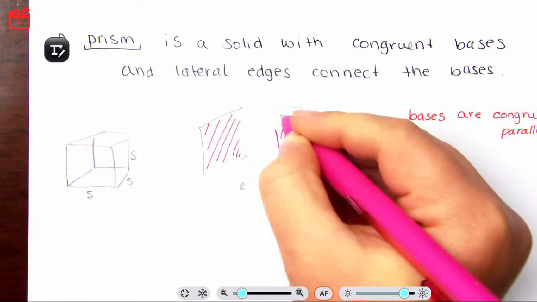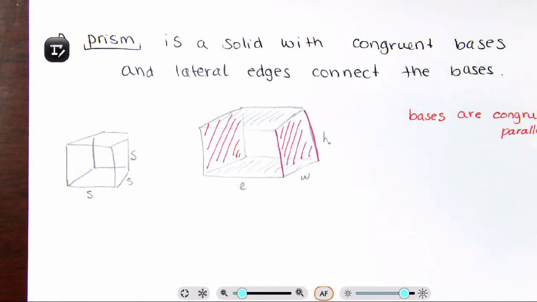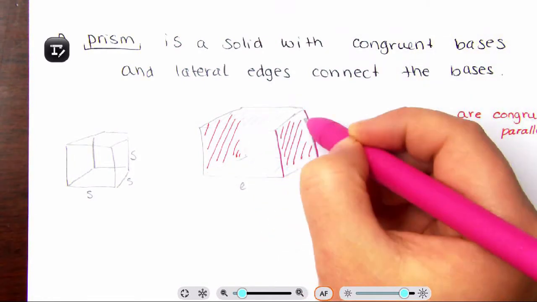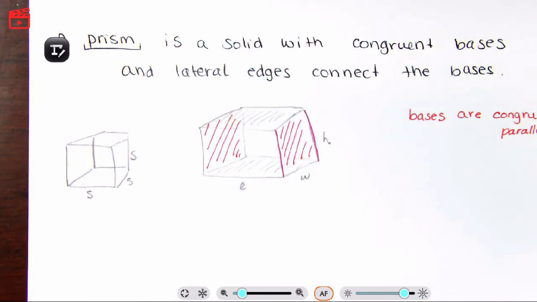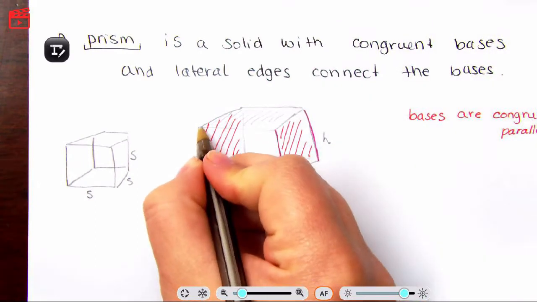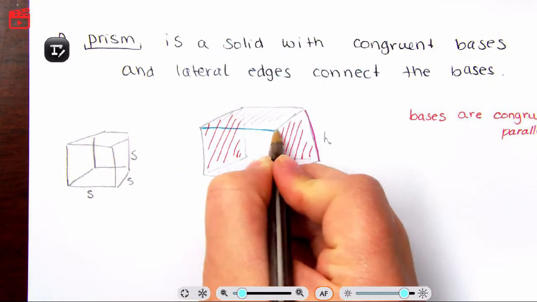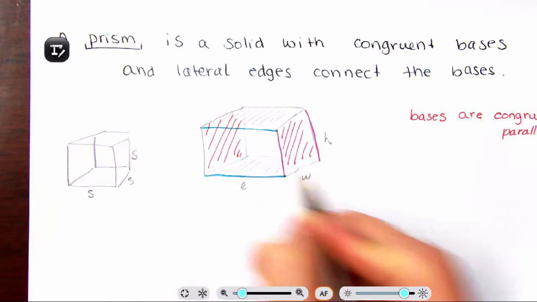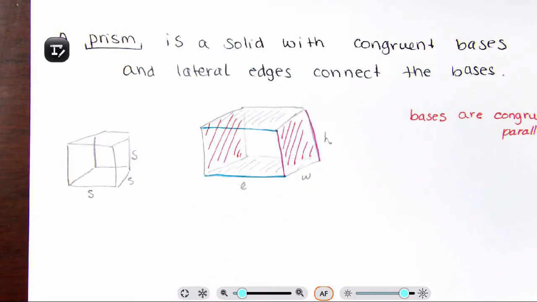And again, if we're talking about a base that's on top and the bottom, then these lateral edges connect that top and bottom. Now, however, if we were to talk about these red ones, then the lateral edges would connect from side to side. So the lateral edges just connect the one base to the other base.